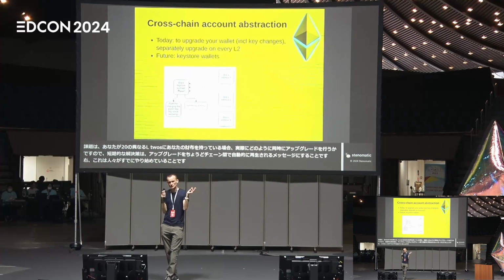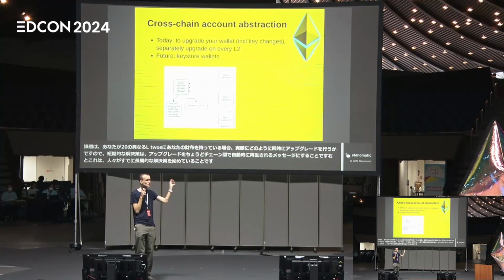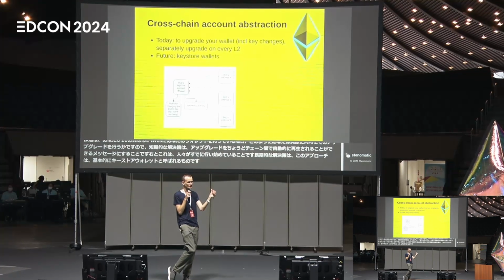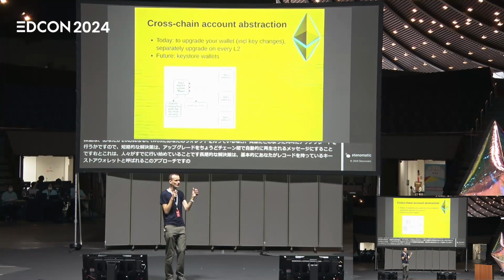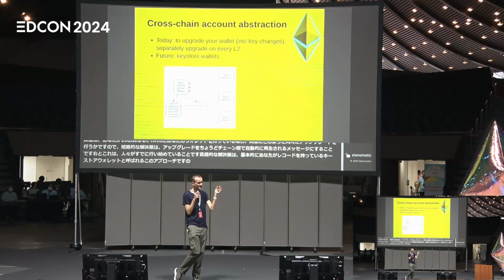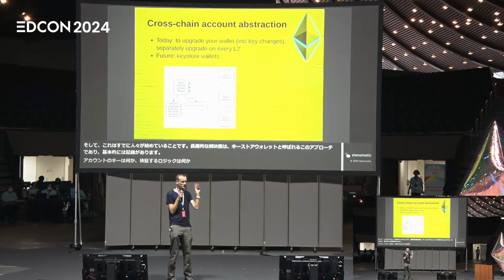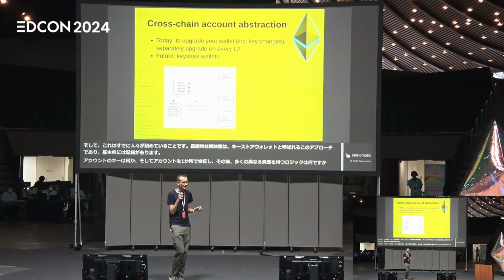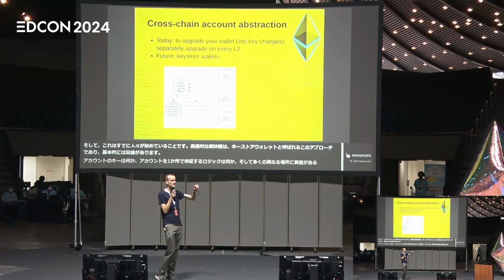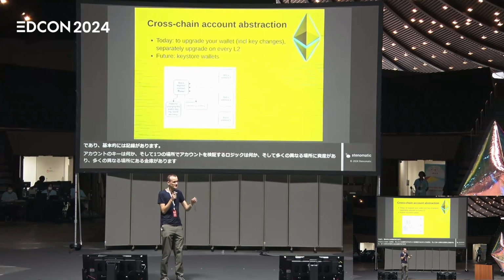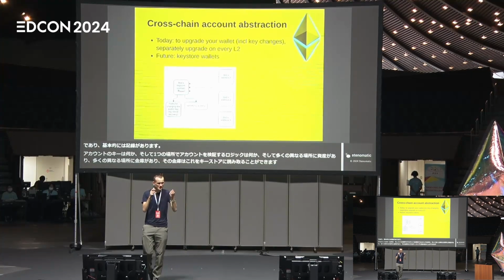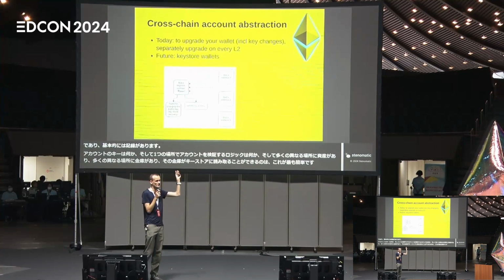The long-term solution is this approach called key store wallets, where you have the record of what the keys to an account are and what is the logic that verifies an account in one place. And then you have assets in many different places. And you have a Safe that's in many different places, and that Safe can read into the key store. This is easiest to implement if the key store is on L1, right?